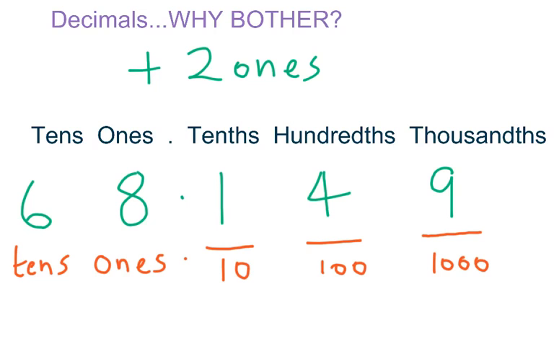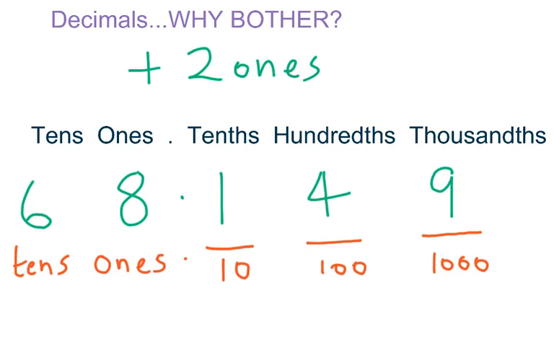Instead, we know that anytime we make 10 of any unit or any section of a number, we must build or create the next place value position or the next type of number along. In this case, I've got 10 ones, so I'm forced to build a 10.